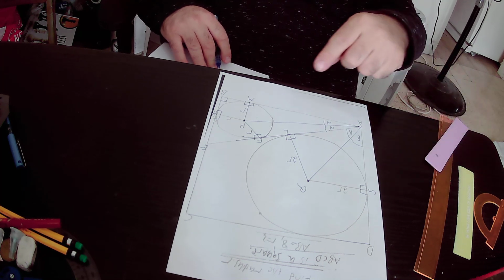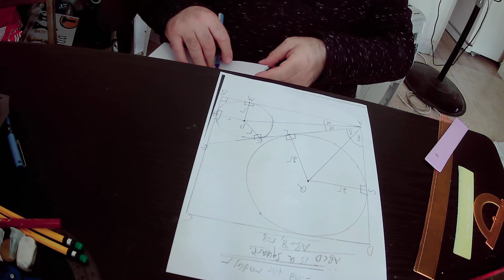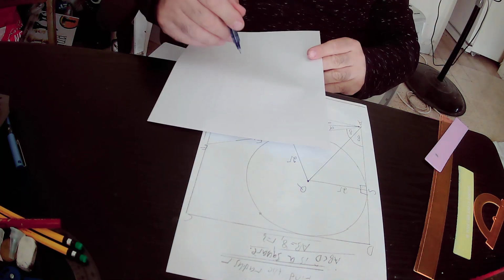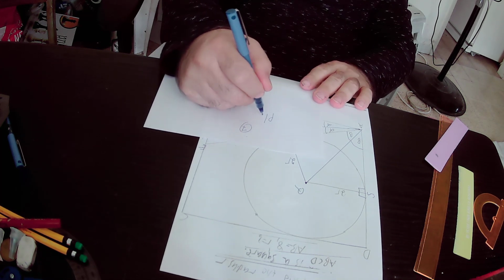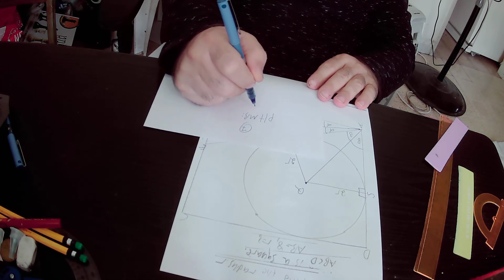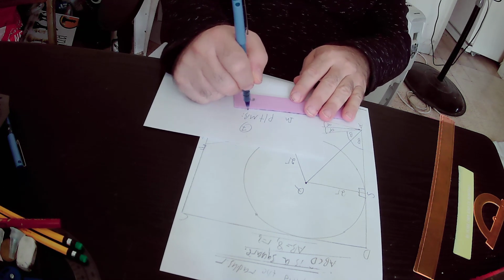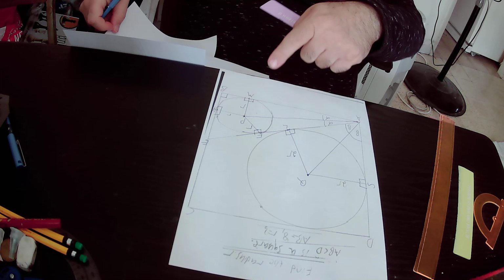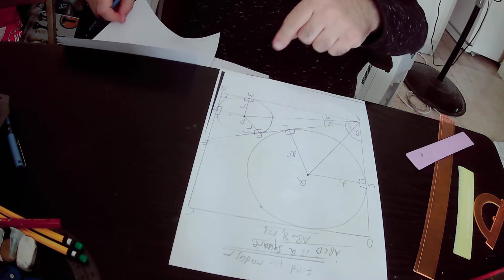So in quadrilateral PHMB, this quadrilateral, we have three right angles, 1, 2, 3.